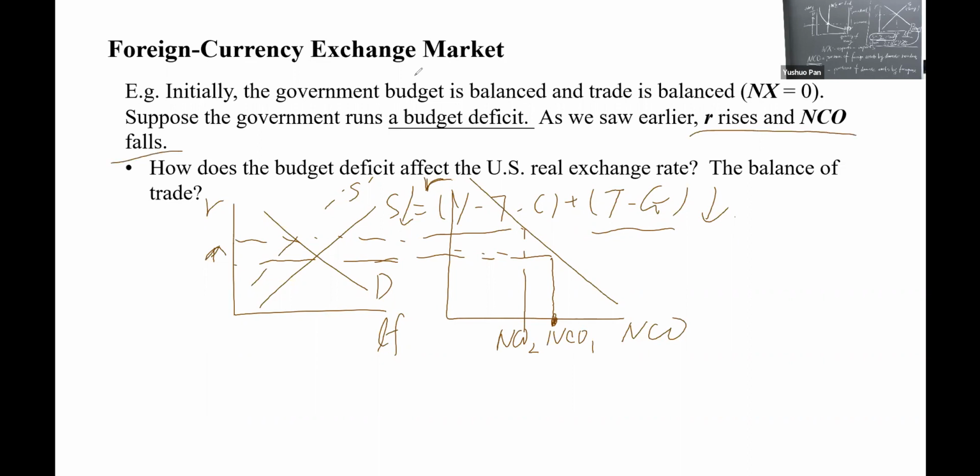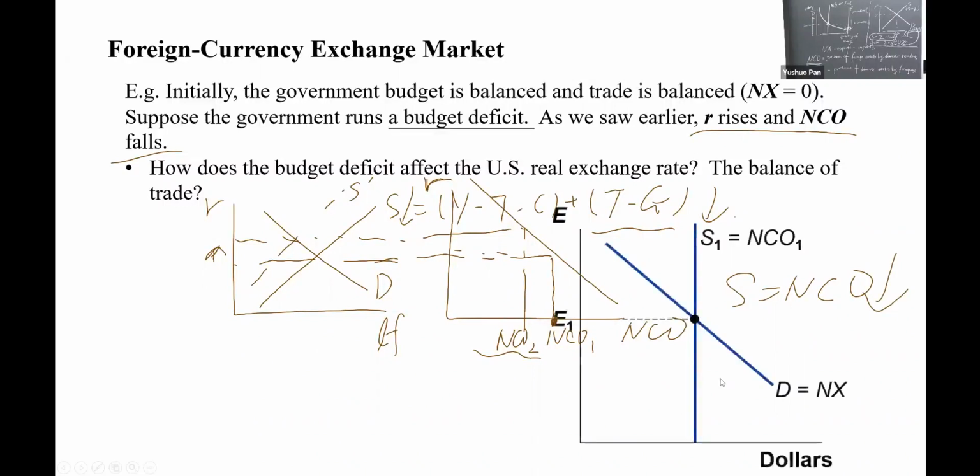How does this budget deficit affect the US real exchange rate? Remember, the NCO is the supply of foreign currency in the exchange market. So the supply is going to decrease. That's the original supply NCO1, and that's the new supply curve NCO2.